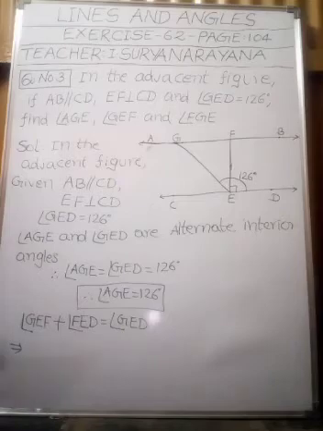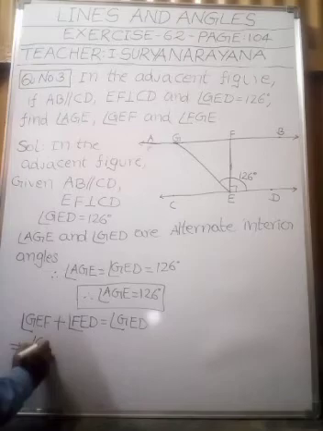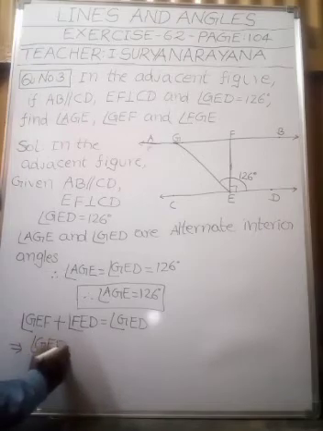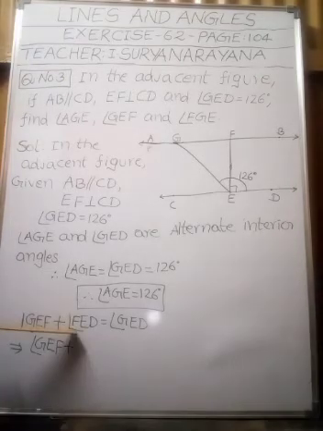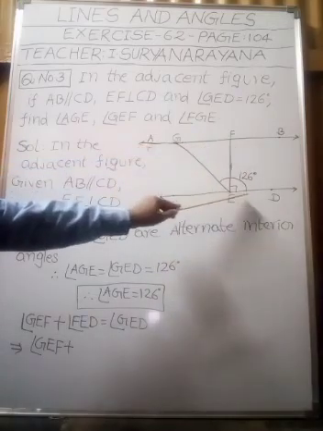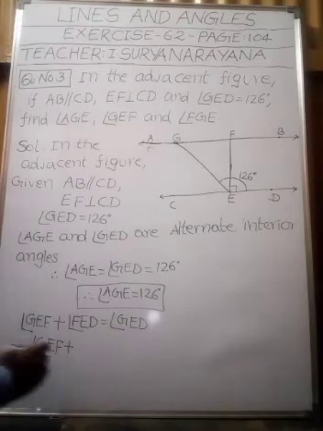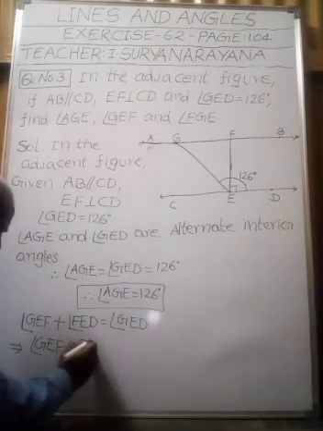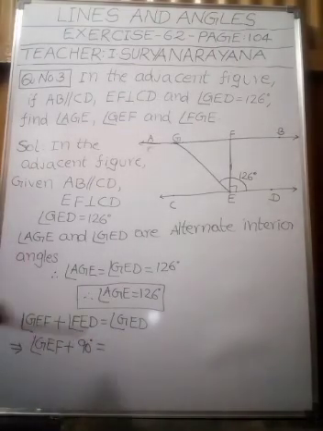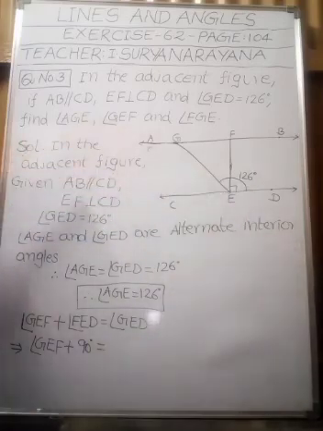This implies angle GEF, we don't know the measurement of this angle. Angle FED is 90 degrees. It is mentioned here clearly. FED is 90 degrees, is equal to angle GED, already given in the question itself.